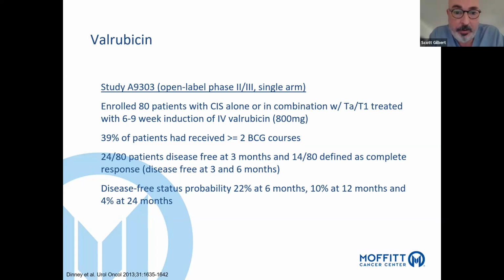You'll see that most of them are 3 and 6 month report outs, and the story is consistent. What you see at 3 and 6 months is not what you see at 2 years. There's further attenuation as additional recurrences mount beyond a year. And so they could calculate that 14 out of 80 patients were defined as a complete response.